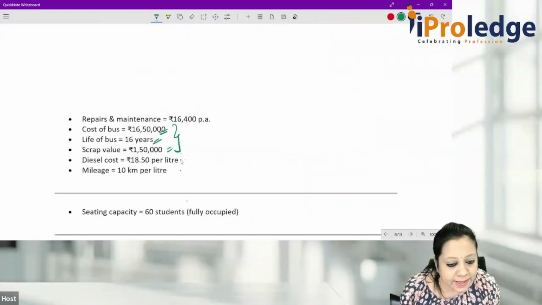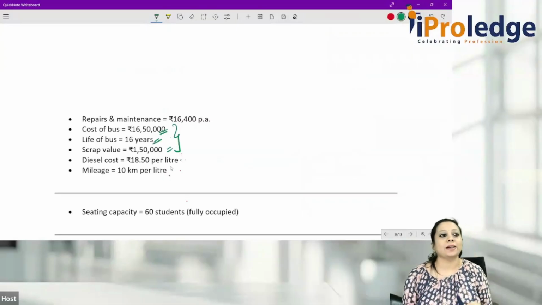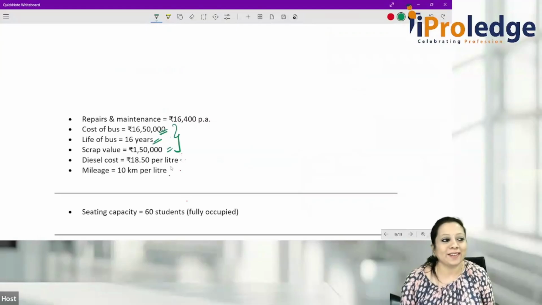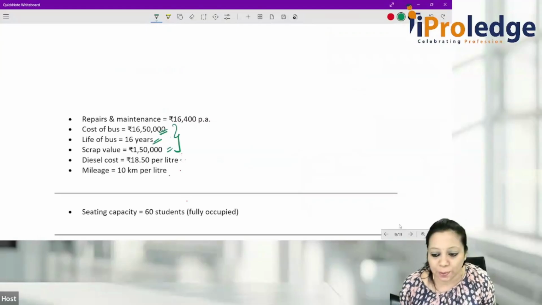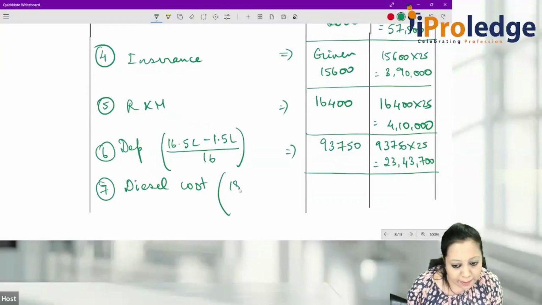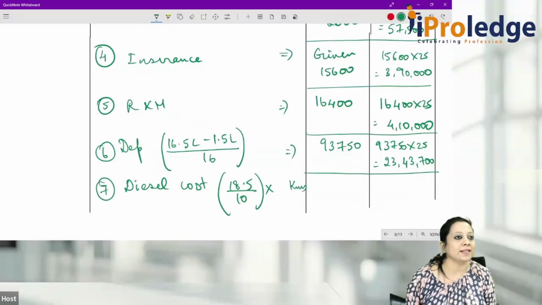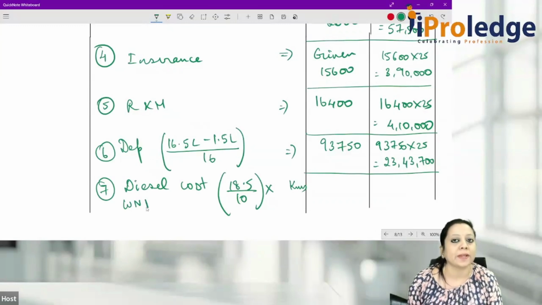So here we have diesel, and mileage is 10 kilometers per liter. That means every 1 liter will give 10 kilometers. So for that, I will write here diesel cost, which is going to be 18.5 divided by 10 into how many kilometers that we should calculate. So for that, I'm going to do a working note number 1.